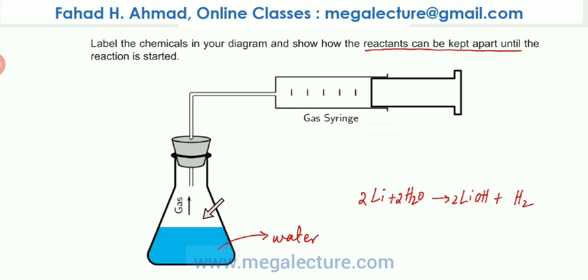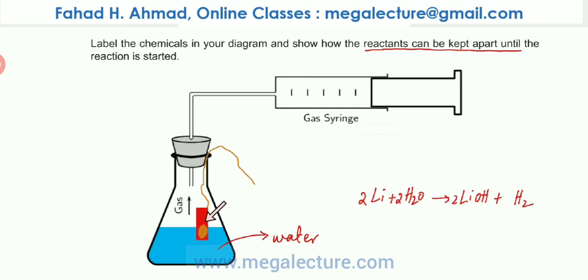So how do you put in lithium over here? There are many ways that you can do that. One way is, so here's my diagram. One way is that you have a small capsule which contains lithium and it's tied to a thread. And you let go of the thread.